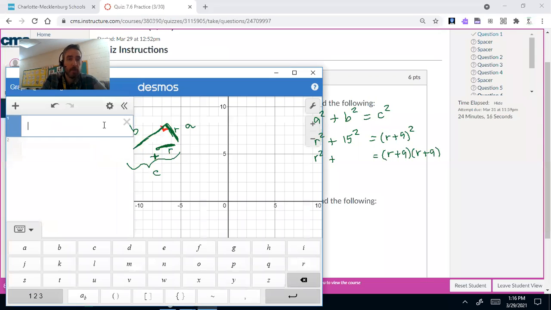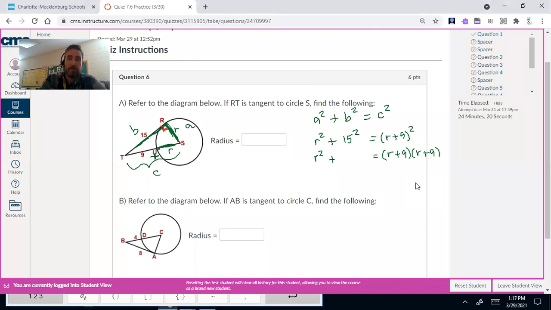Let's double check that. So 225 equals R plus 9 times R plus 9. So let's kind of box that in or FOIL that together. That's going to be R squared plus 9R plus 9R.